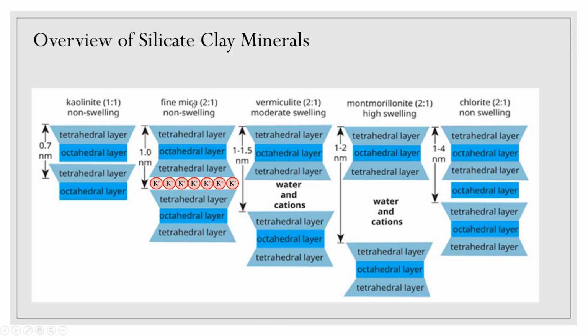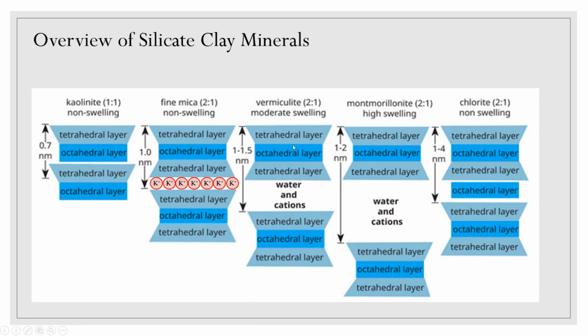Next, what we have are micas. So the mica and potassium, when I see this potassium there, I'm going to instantly know that this is going to be a mica, and I am not going to have any expansion because these positive charges here are going to fulfill the potential negative charges on each of these tetrahedral layers.